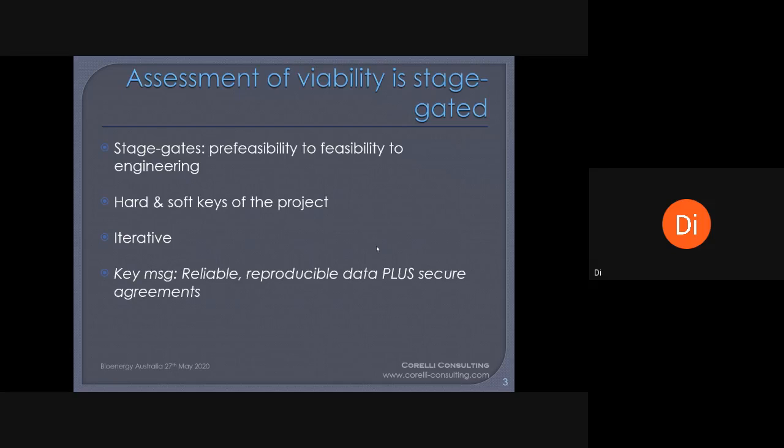Hard keys are quantitative, such as feedstock throughput and price, conversion efficiencies of the technology, etc. But soft keys can also be of interest to the investor: contracts, particularly the security, period and pricing of agreements that the developer has negotiated with reputable customers, and other project partners, their role and provenance.